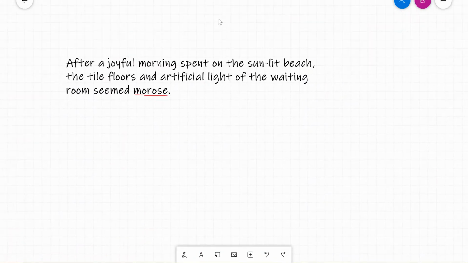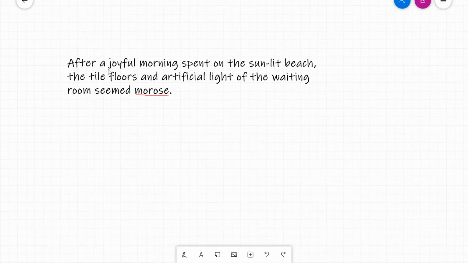So here's an example. It says, after a joyful morning spent on the sunlit beach, the tile floors and artificial light of the waiting room seemed morose. First of all, I'm noticing that there's this mood happening. And where's the difference? Where's the shift in this very short story?